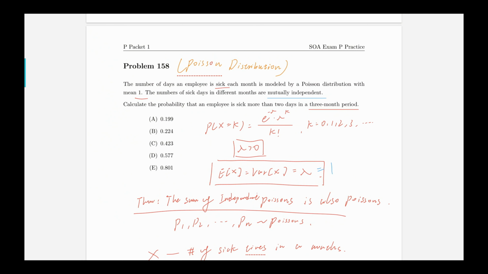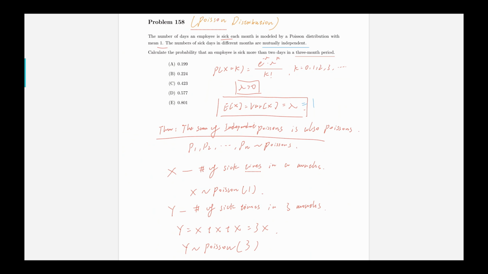This equation needs to be memorized, or we're not able to do any Poisson distributions.